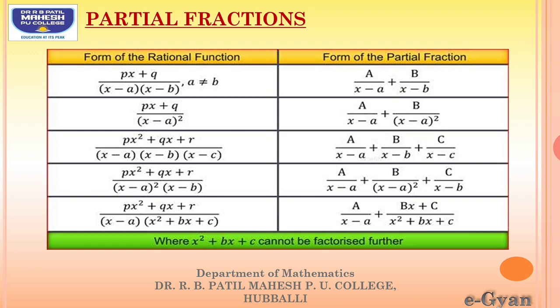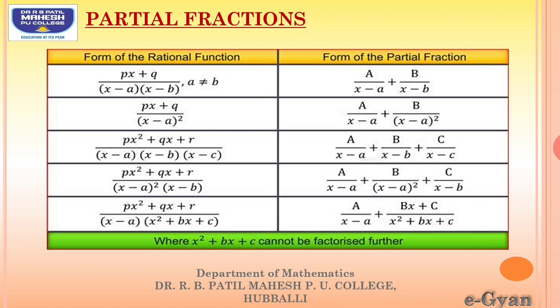Next, there are a total of 5 forms of partial fractions. In this table, we have the form of the rational function, and then how to convert it into partial fractions.